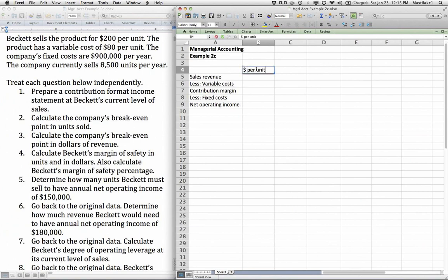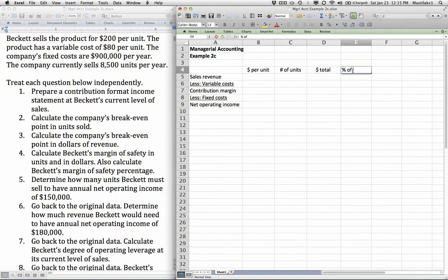First of all, a dollars per unit column. So for our variable items, the items whose total varies based on number of units, which would be revenue, variable cost, and therefore contribution margin, we have our dollars per unit. I would then include a number of units column, so we can have our number of units in there, and then our total dollars column, and that is of course going to be dollars per unit times number of units.